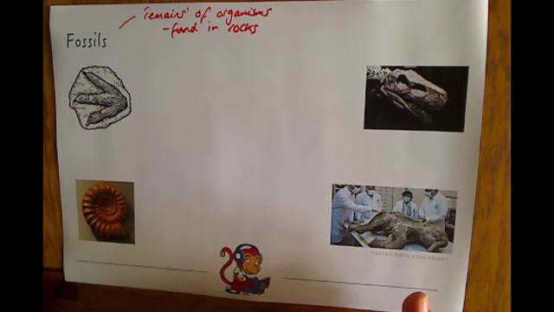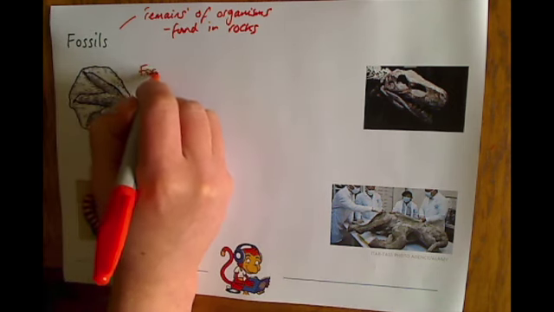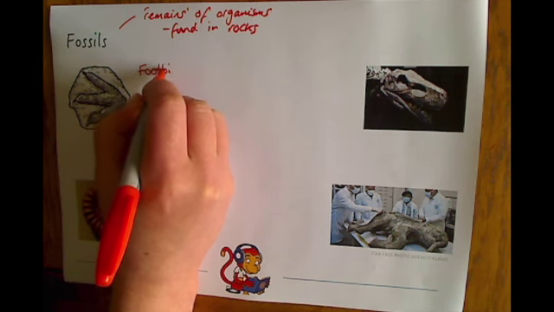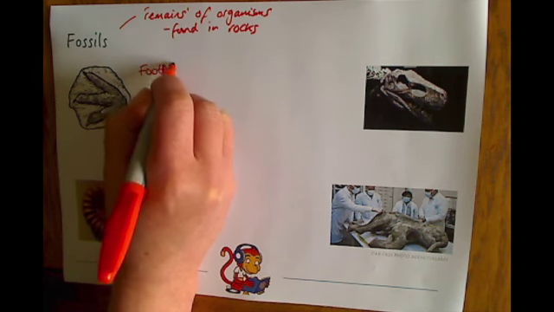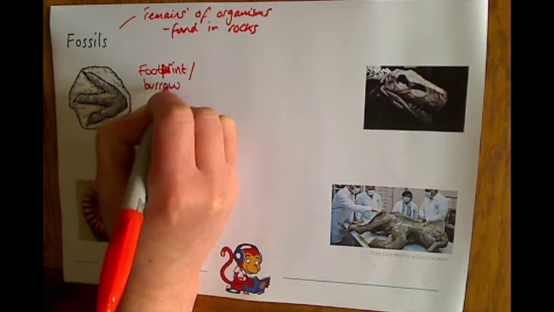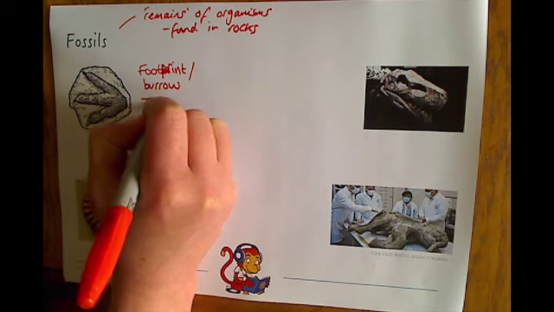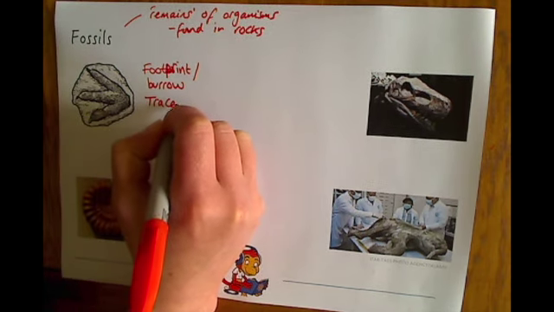First of all, you can find something like a footprint, or a burrow, some sort of evidence or trace evidence of an organism existing.